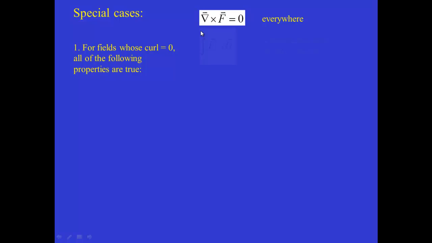So if the curl of F is 0 everywhere, then that means also the line integral of F dot dl from a to b is path independent for any points a and b. And trivially, what follows from that is if a and b are equal, in other words, if you integrate around a closed path and end up where you started, then that line integral is going to give you 0.